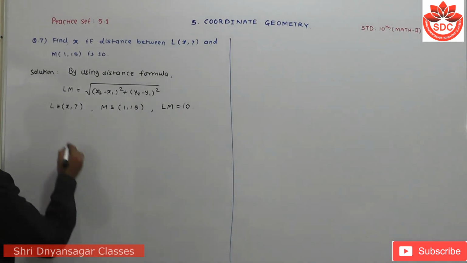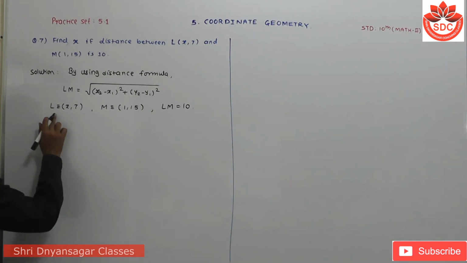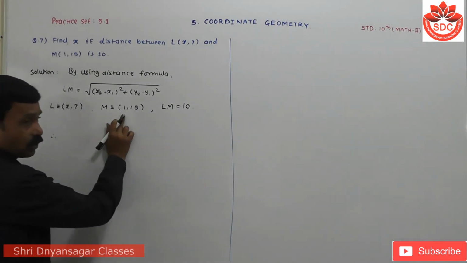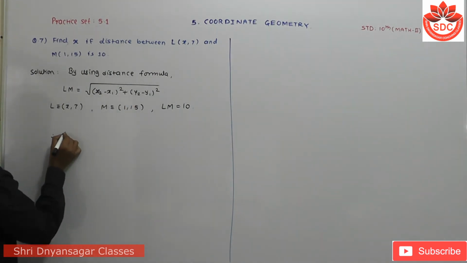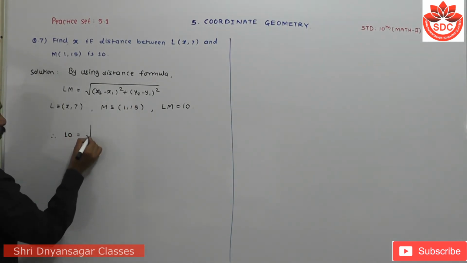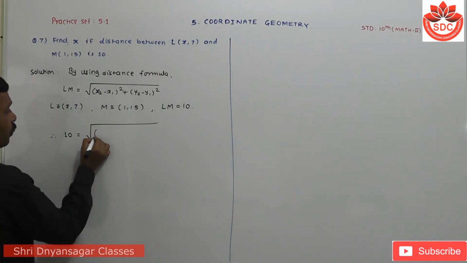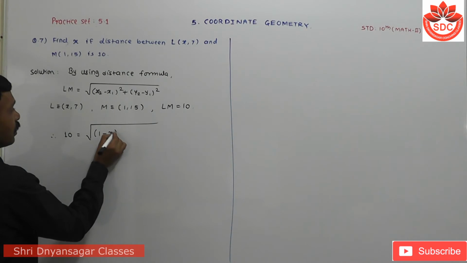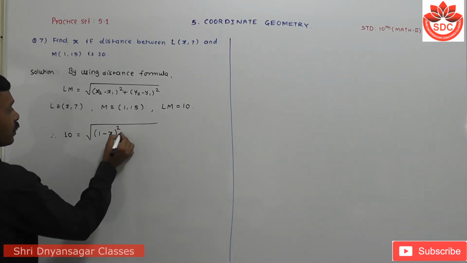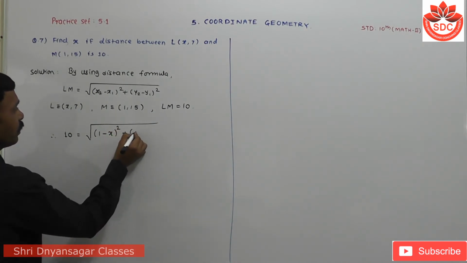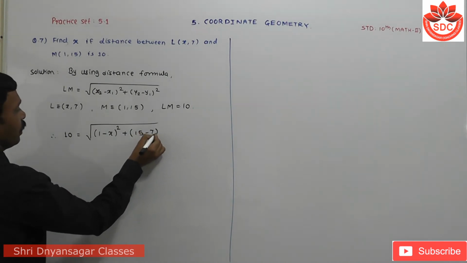Now student, we substitute these values here. Let this one be x1, y1 and this one x2, y2. Substituting directly, we get LM, which is 10, equal to the root of (1 minus x) whole square plus (15 minus 7) whole square.